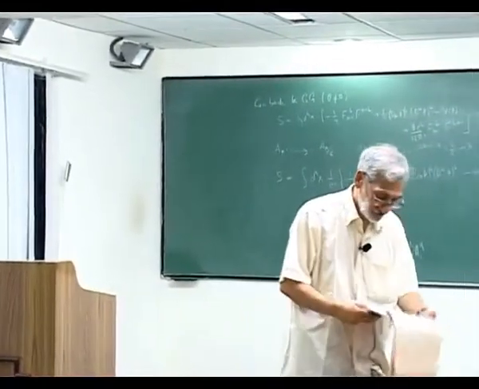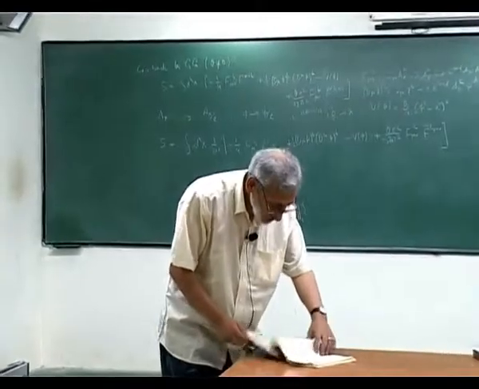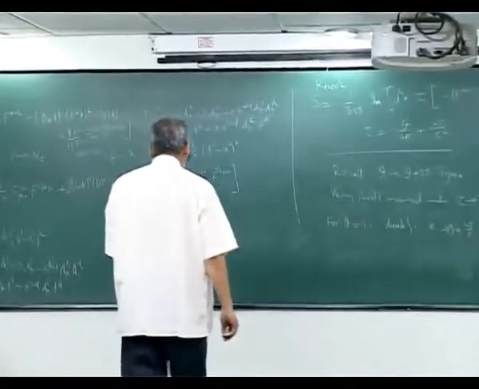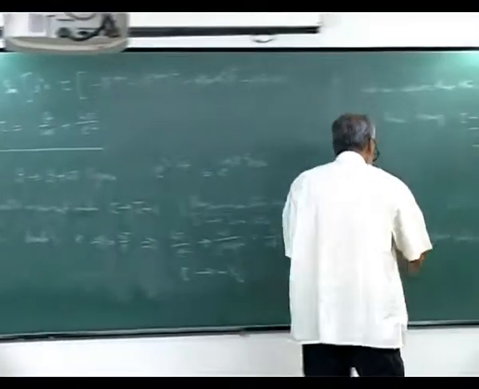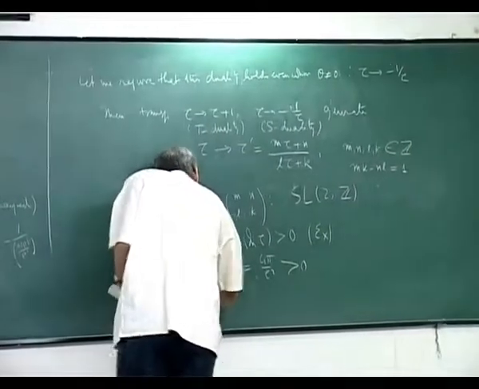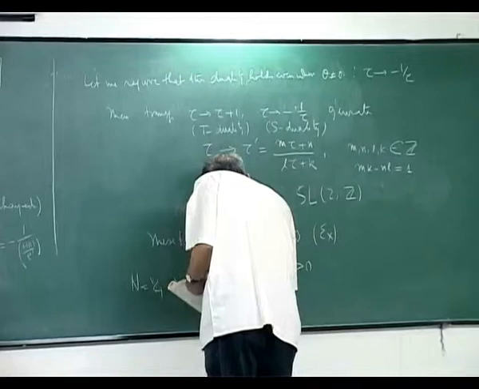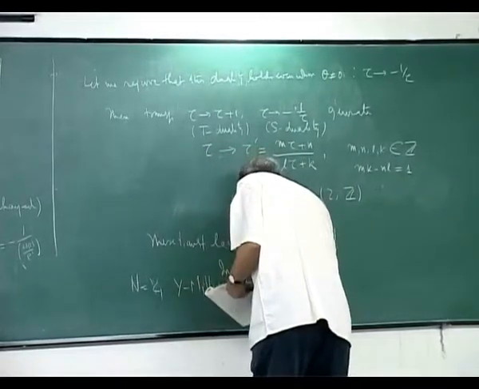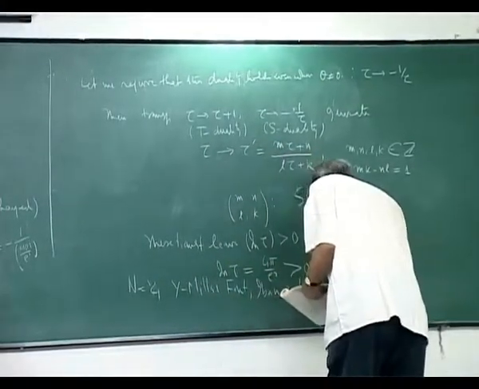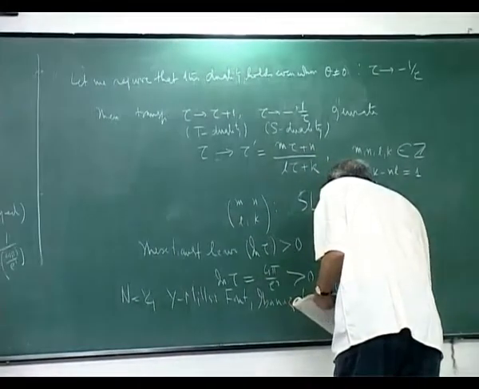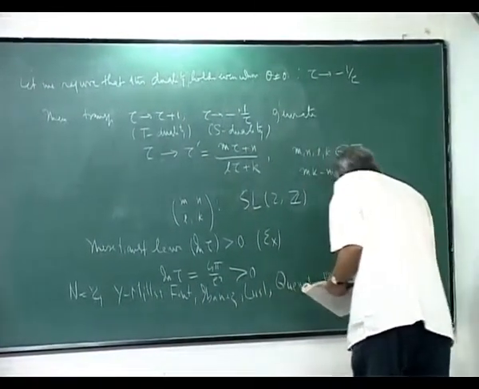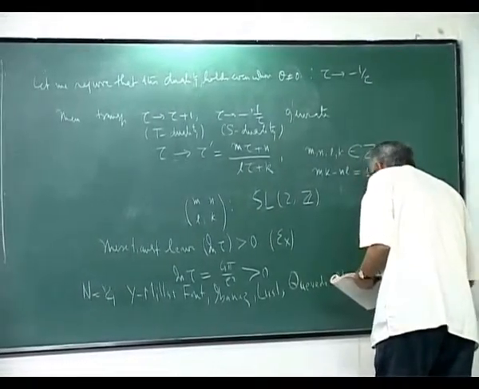I think we'll stop there. And the people who proved that this is the case for N equal to 4 Yang-Mills theory, let me list them: Font, Ibanez, Lust, and Quevedo, a Physics Letters paper, B249, 1990, 35.